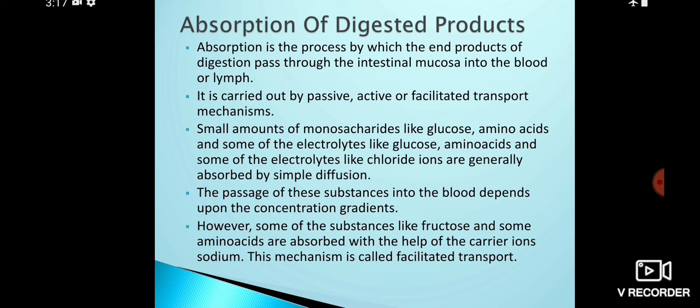Whatever end products are formed inside the ileum and the jejunum are passed to the intestinal mucosa, which has some modifications to form the villi. These villi take the end products of the digestion. When they take the end products of the digestion inside the villi, you all know that the villi contain lacteals.